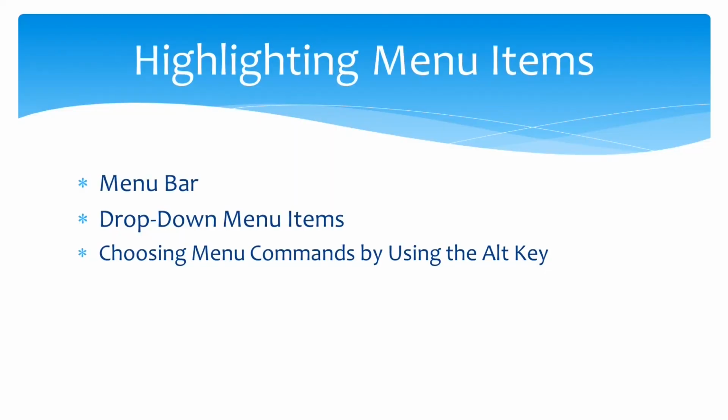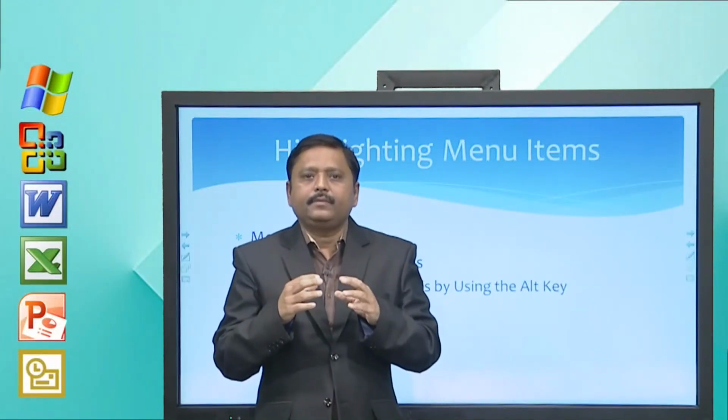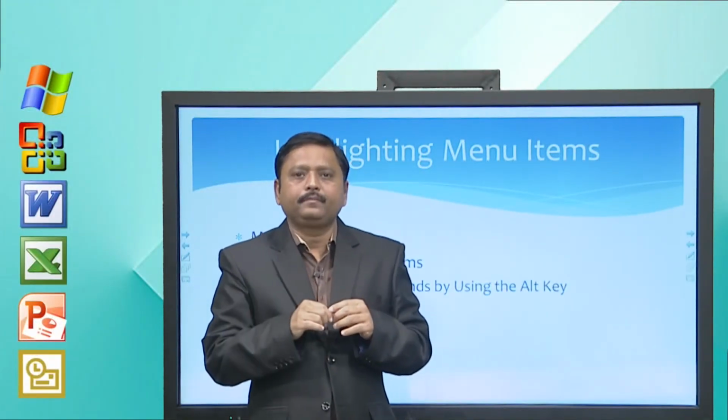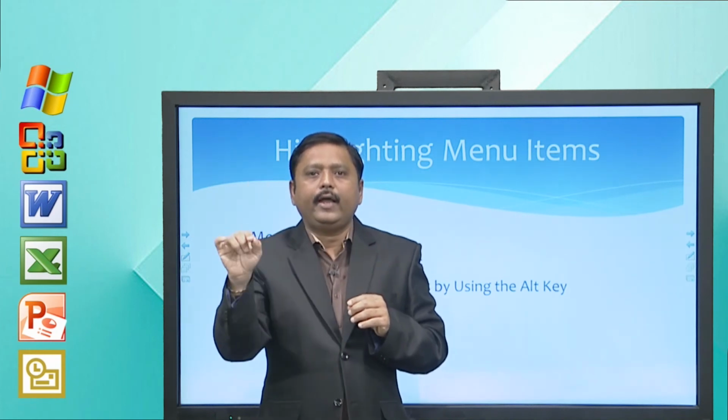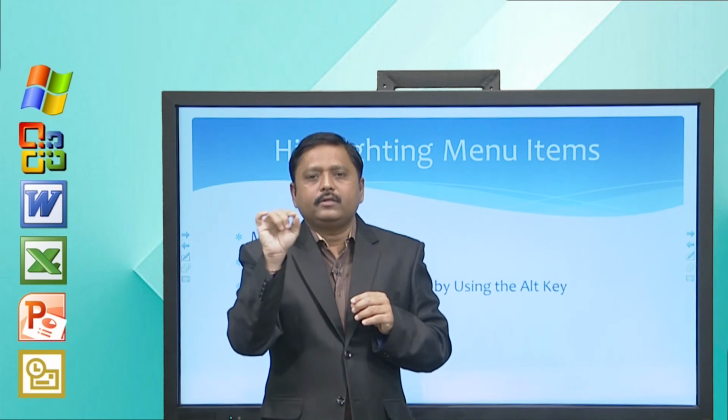We must use menus. So, how to select menu? Menu bar, drop down menu items, and how to choose menu commands by using Alt key. So, if I press Alt key, all menus are shown with certain characters underlined.